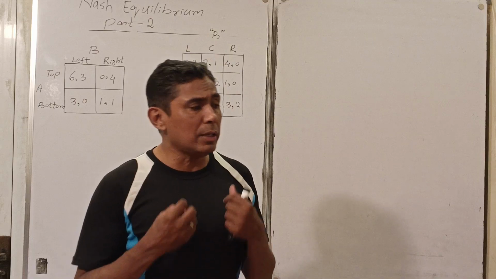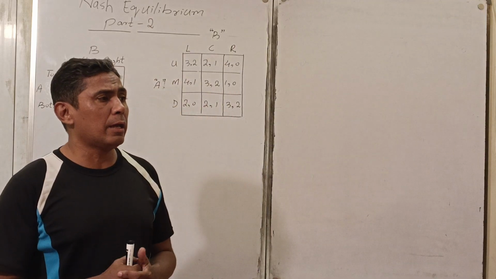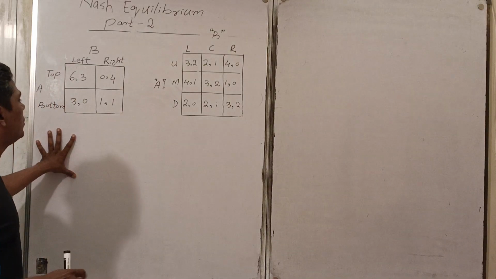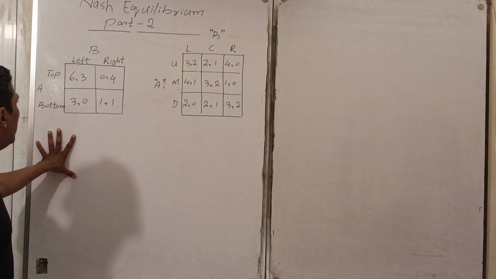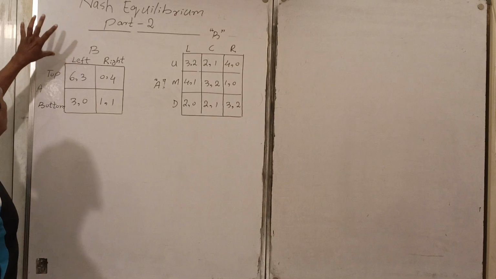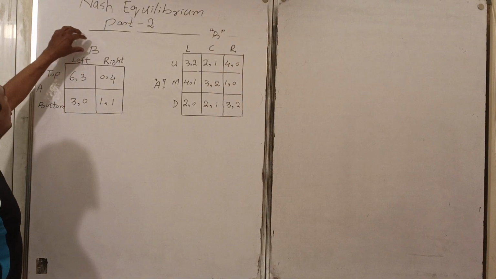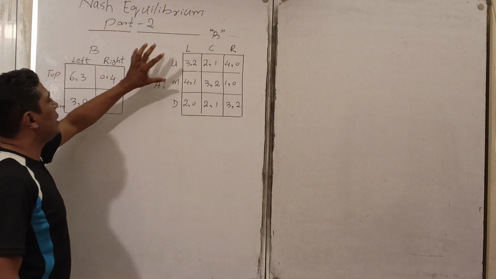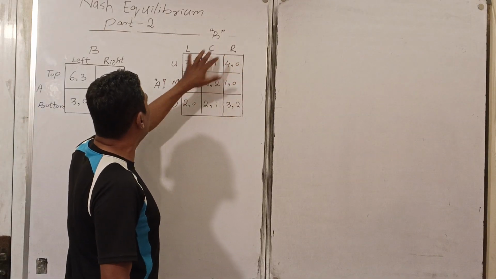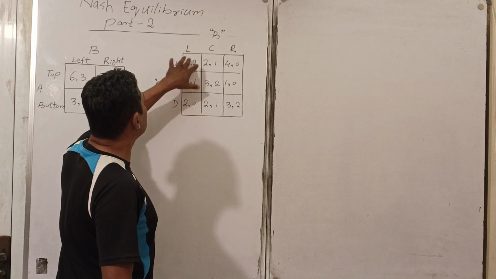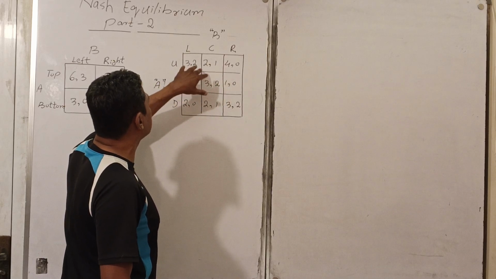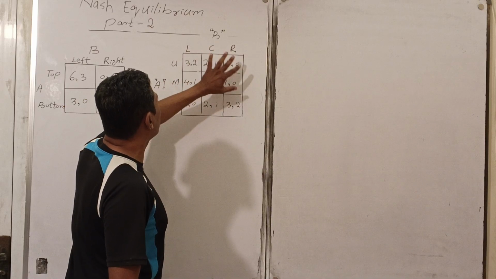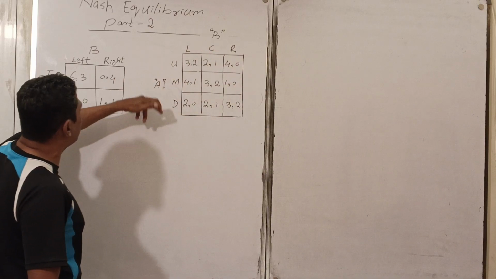Okay, so now let's move here. First of all, we have the example of a payoff matrix here. In that payoff matrix you have two players, A and B, and both players have three strategies: left, center, right, and similarly up, medium, and down.